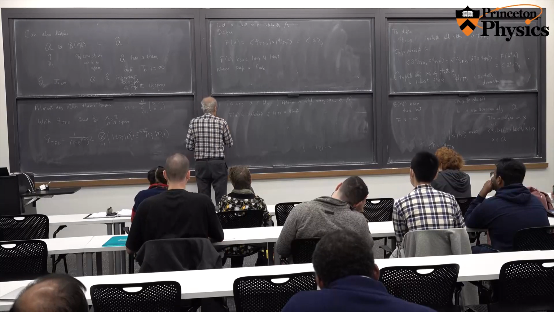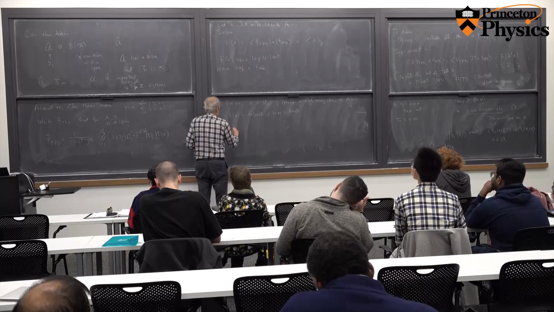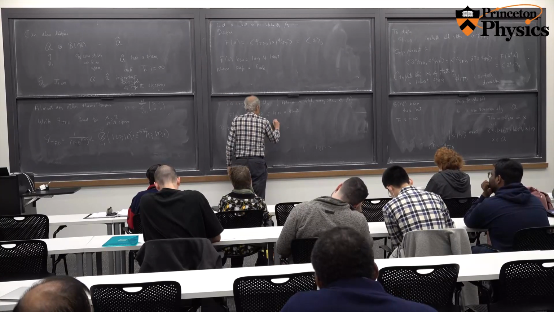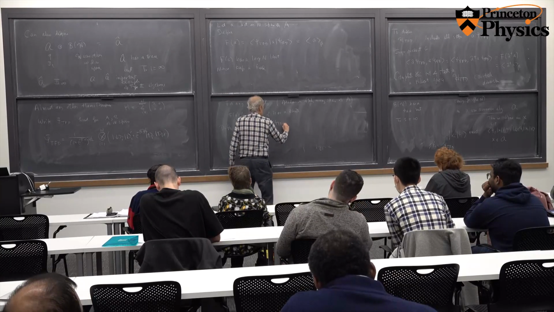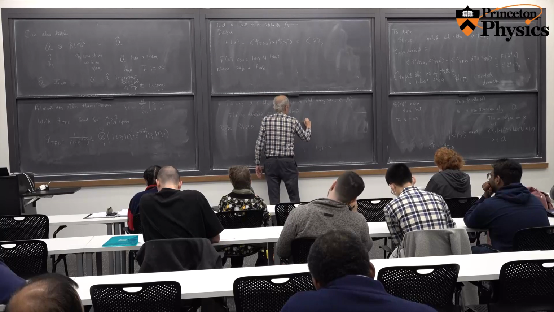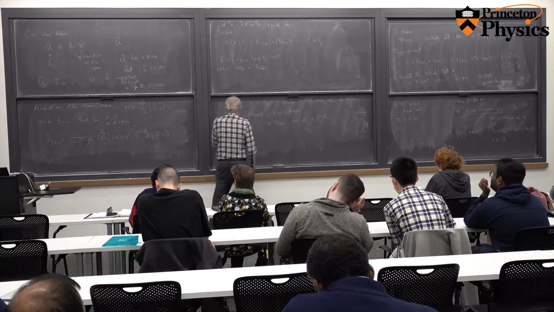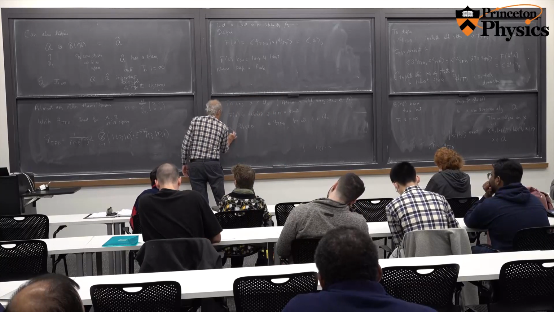Then we define a thermofield double Hilbert space, which has a vector A psi TFD for all A in this algebra A0. And then the inner products are the same as they were before.